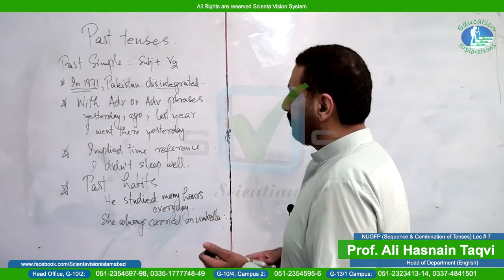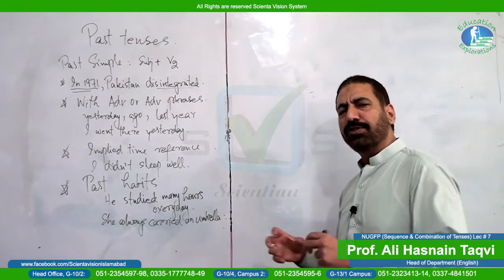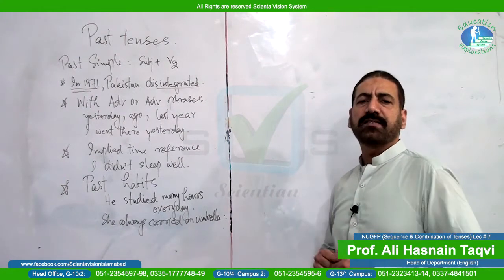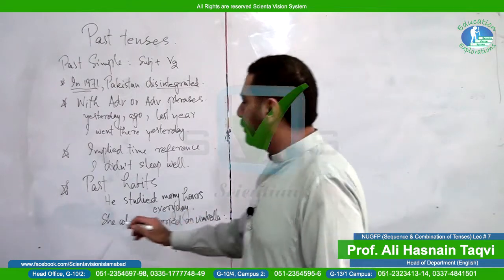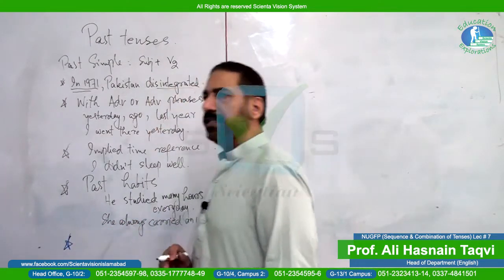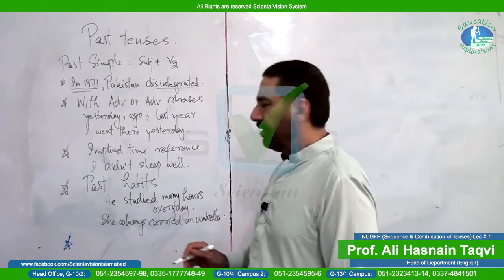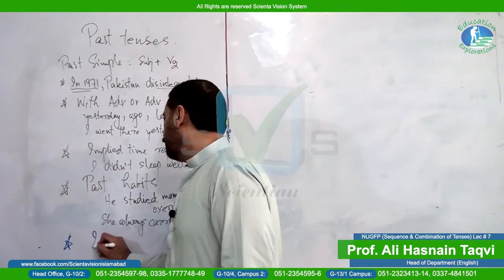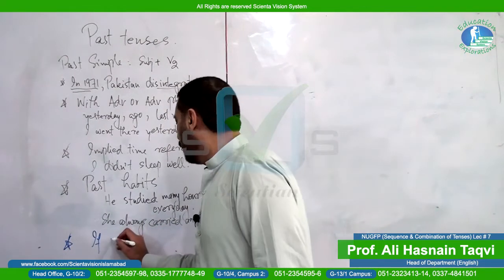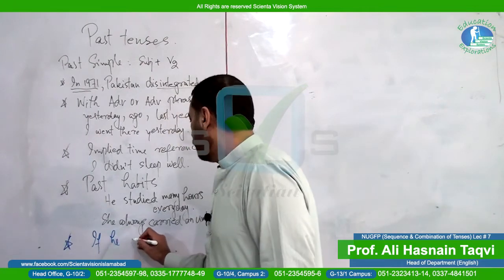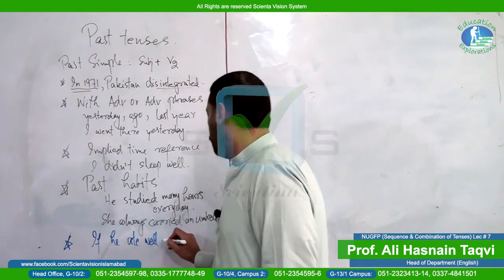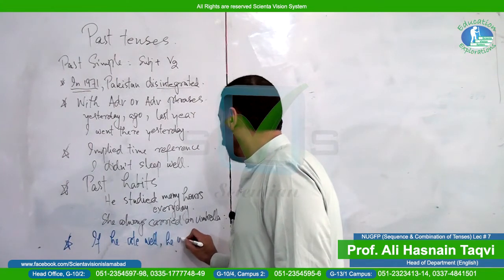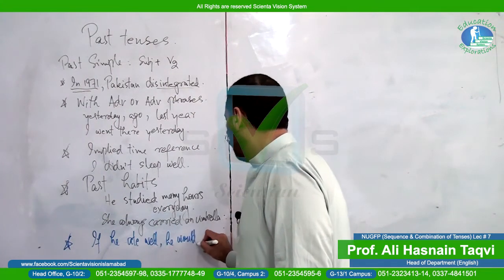Apart from that, past simple tense is also used in sequence of tenses. If you remember that particular structure in conditional tenses that I gave you, it was probably second conditional, where you used if. Let's say if he ate well, he would feel better.